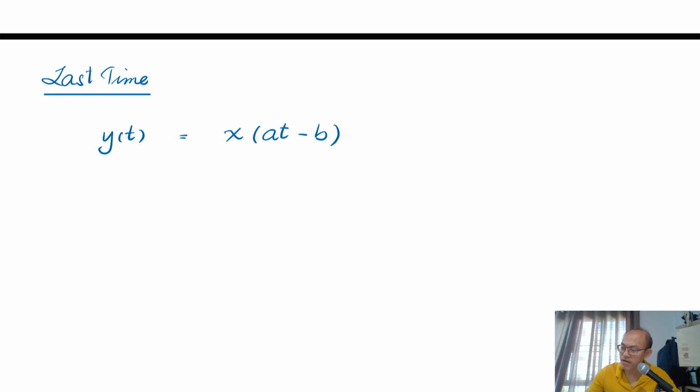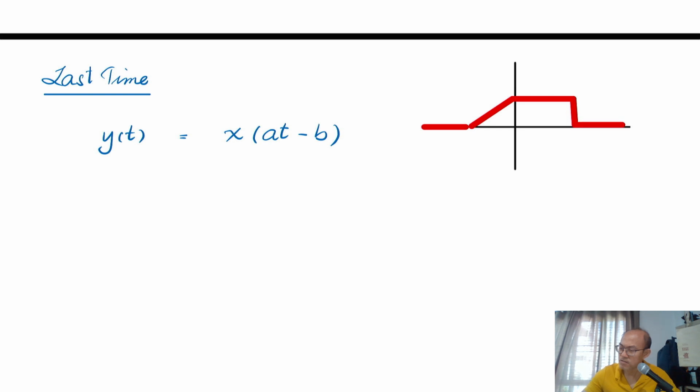For example, if the graph of x is, let's say alpha, 0, beta and 1, suppose this is the graph of x, then how do we plot the graph of y?